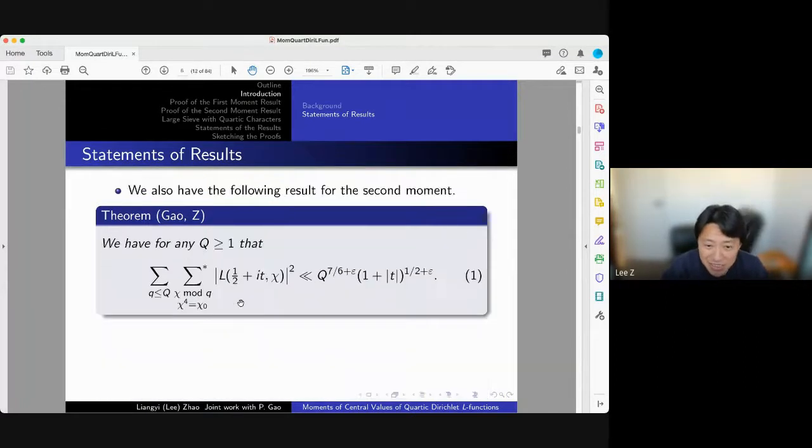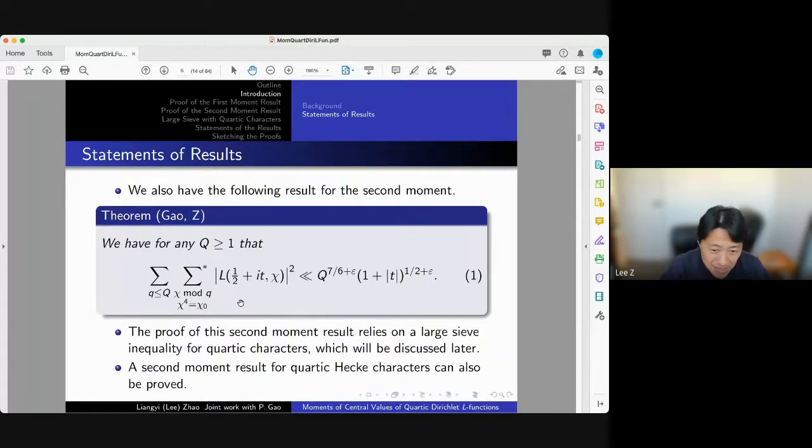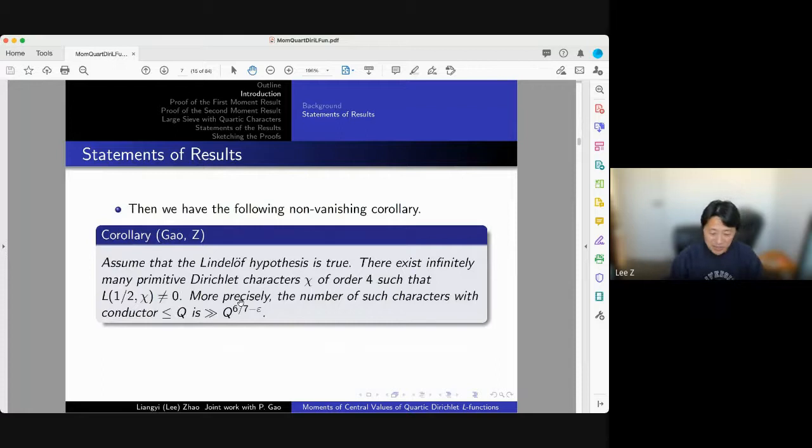So it's a pretty easy corollary once you have the moment results.